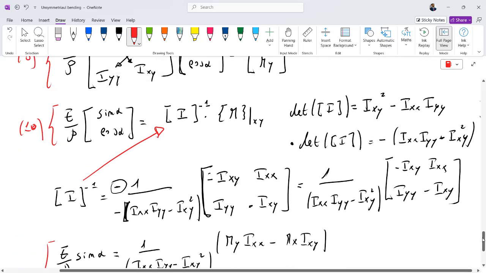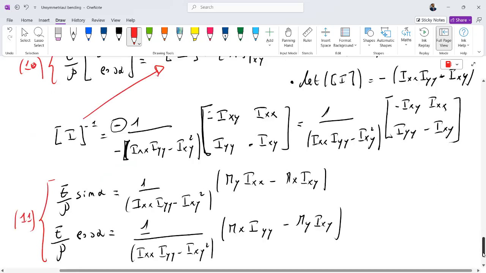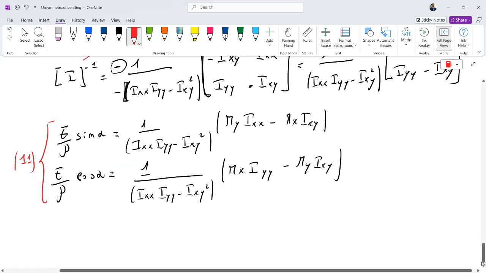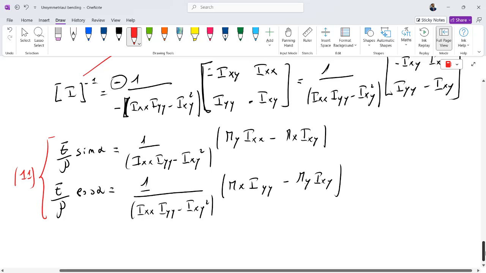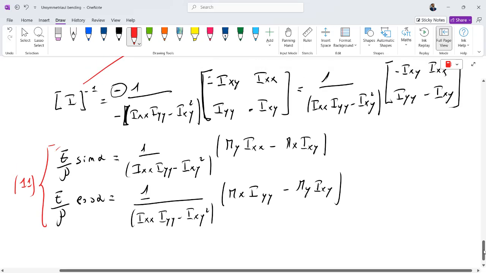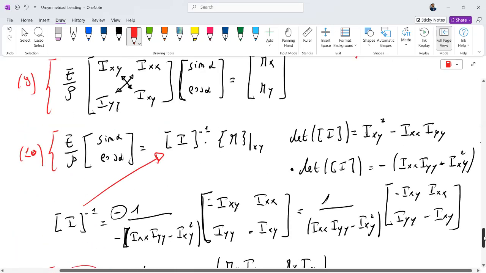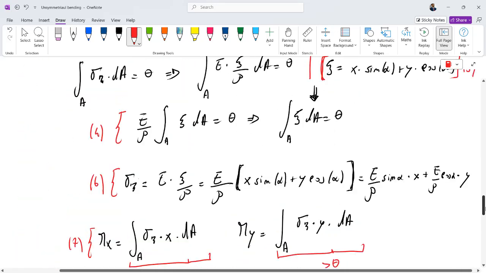Clearly this is obtained from equation number 10. So number 10 gives us equation number 11. If now I put this value of E, Young's modulus, these results of the 11th formula, just here in the 6th formula.